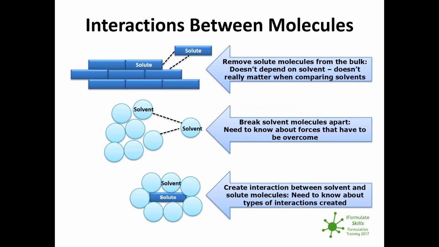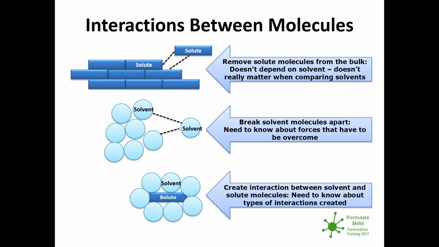Let's look first of all at those interactions. In the diagrams here, we've got the three types of interactions that we've introduced already. We've got interaction between solute molecules, assuming that the solute is a molecular solid. So what you might be trying to do here to dissolve something is to first of all remove those solute molecules from the bulk solute.